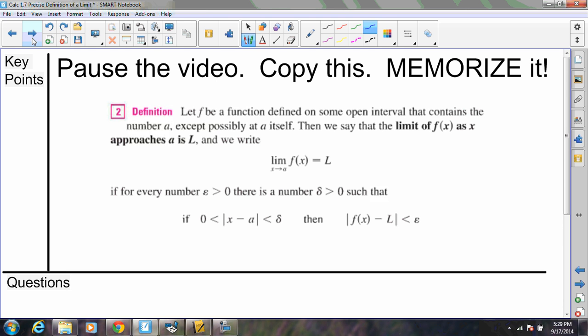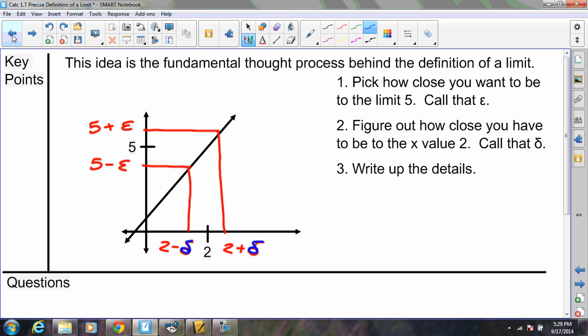f of x is our function. L is the limit. In this last problem, we were looking at here's our limit L. When we go 5 plus epsilon and 5 minus epsilon, that's actually based on the function value here of f of x and here of f of x.